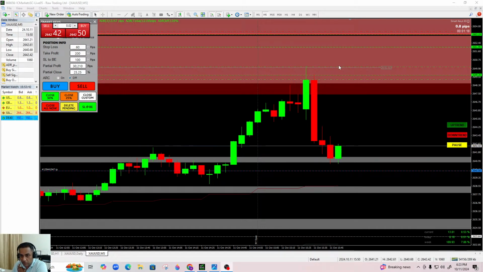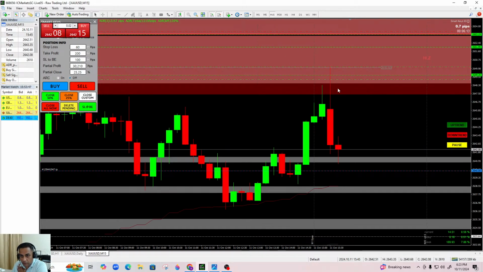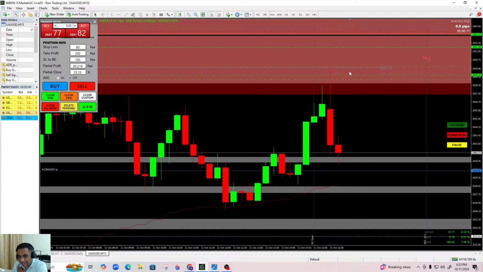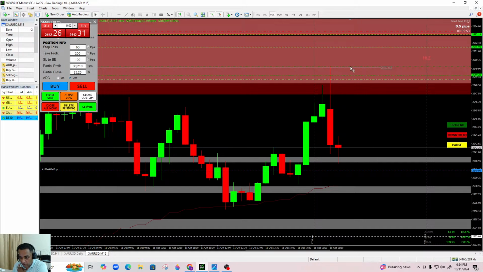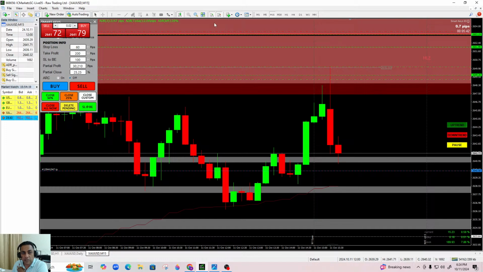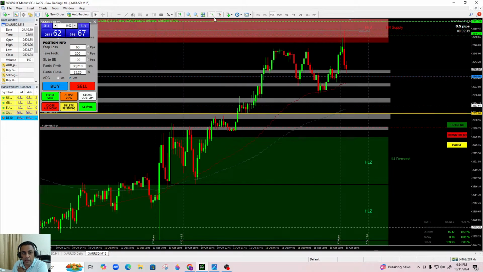If we do close above this and we push up, and a 5-minute candle closes back inside this light red area, then I will close one of these open positions, probably this one. I'm going to close this. But price has to come back in, and a 5-minute candle needs to close back in the light red area, because what that means is price is going to trade back into that range.